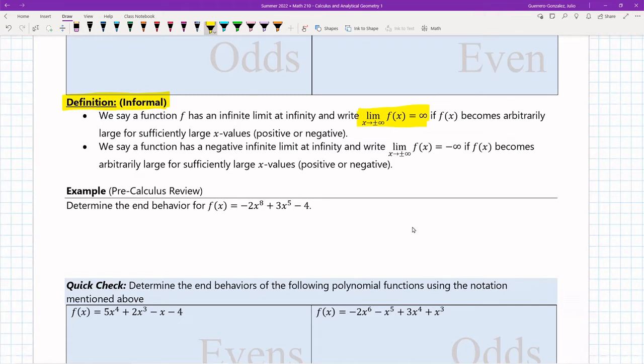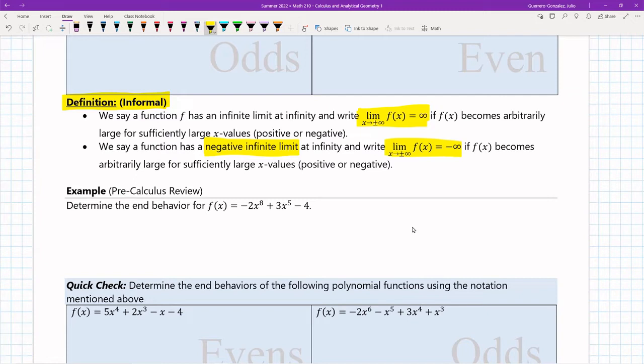And likewise, we can write negative infinity, right? That means that it has a negative infinite limit, or a limit of negative infinity, if it becomes arbitrarily large in the negative direction for sufficiently large x values, positive or negative.